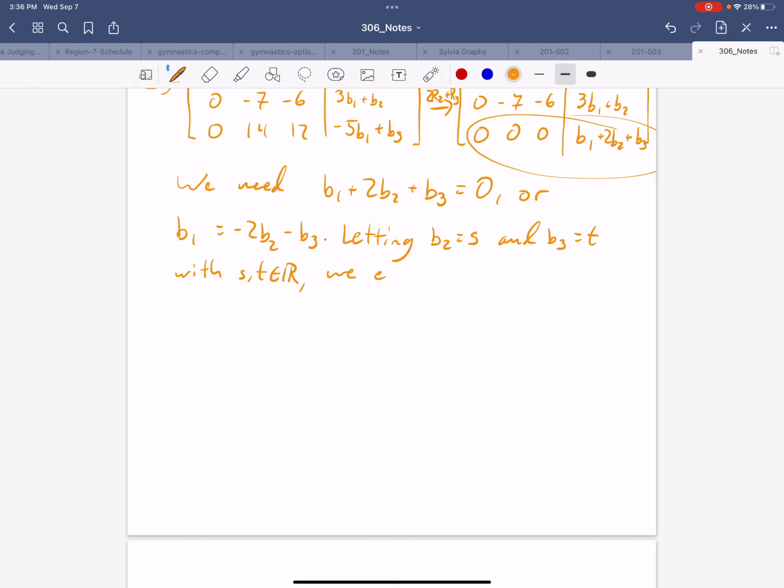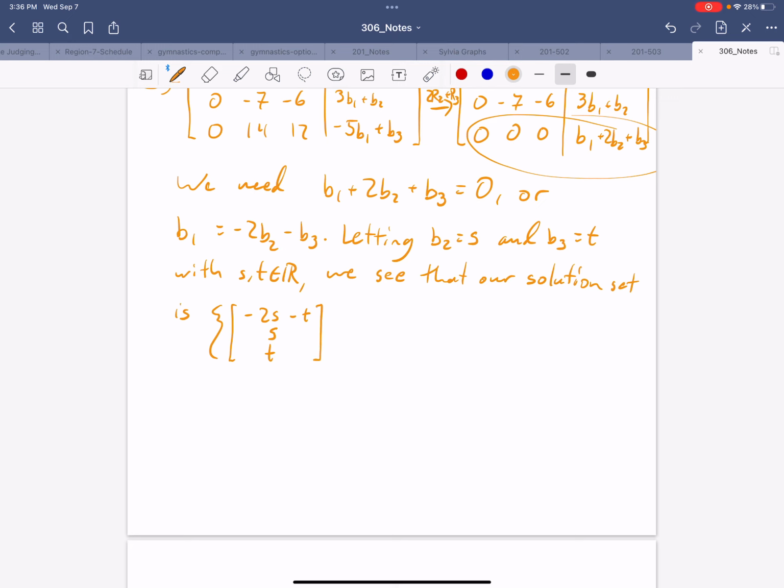Well, then we see that our solution set is the following: the set of vectors negative 2s minus t, s, t.